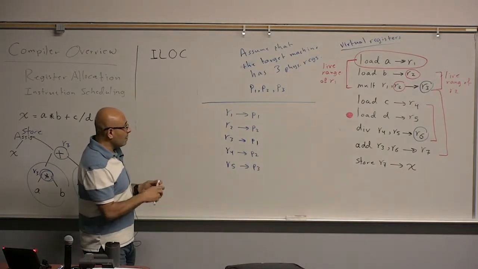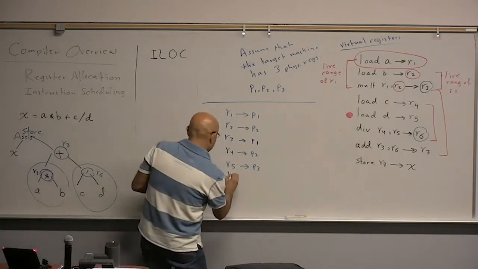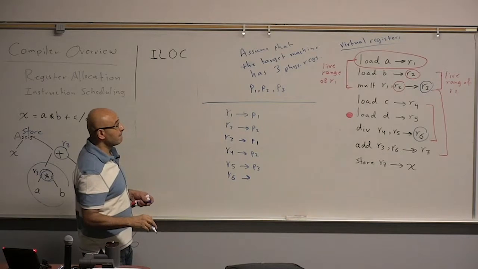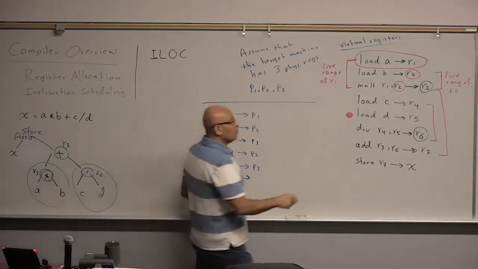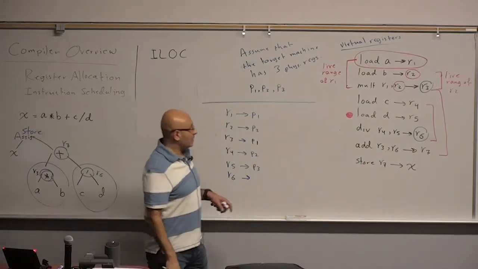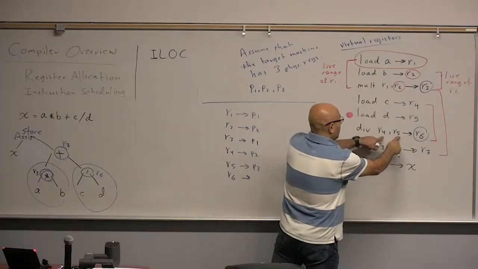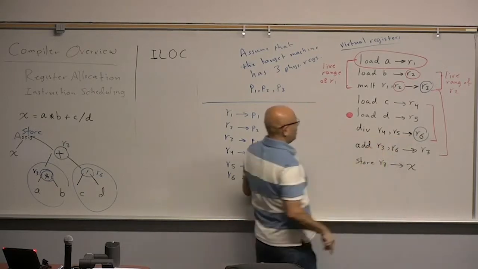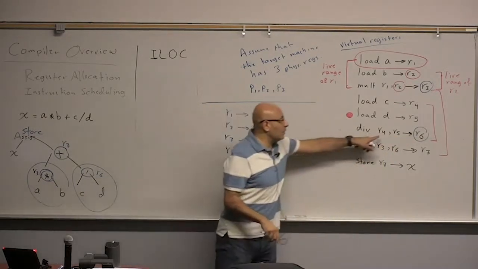Okay? And for R6, which registers are no longer live at this point? R4 and R5, right? After we execute the divide, we no longer need them.